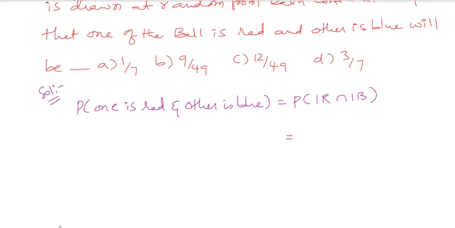Red means 4 out of 7, that is 4C1 from 7. Second one, blue: in the second container you have 3 out of 7, so 3 divided by 7. Directly you get 12 divided by 49. Am I right or not?